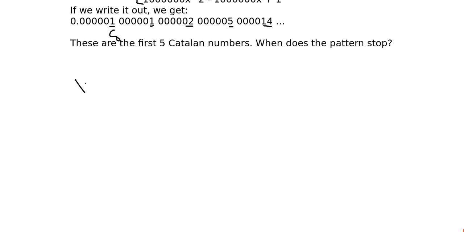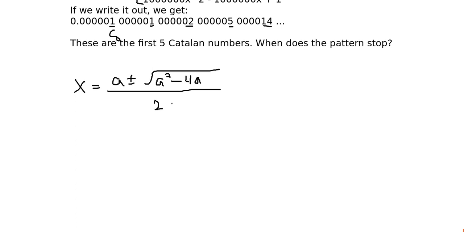So basically, we just use the quadratic formula, and we get that x is equal to A plus or minus the square root of A squared minus 4A, all over 2A.